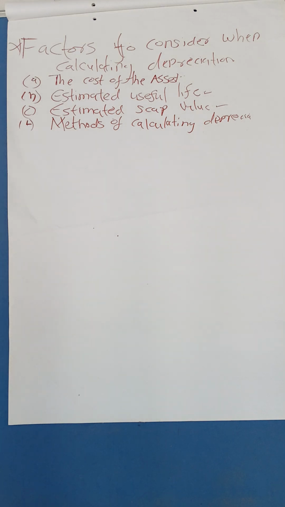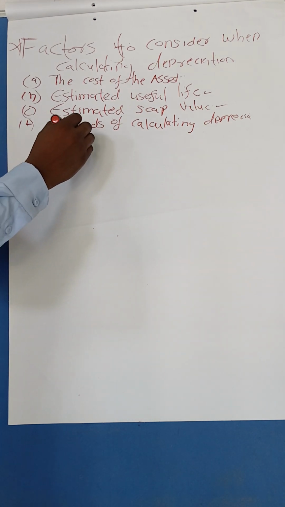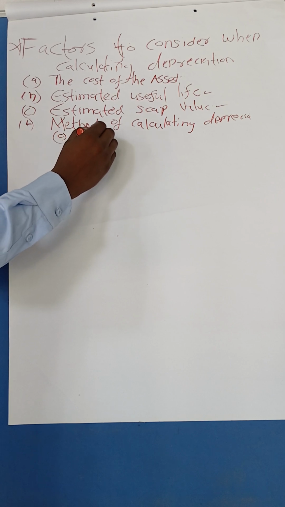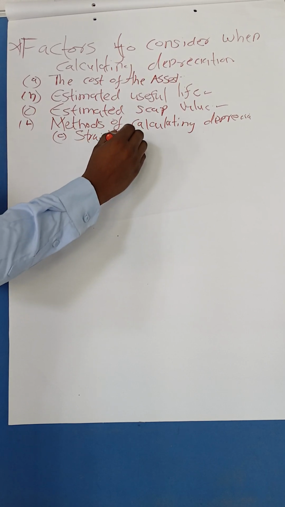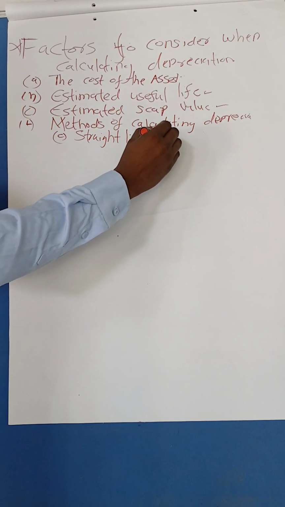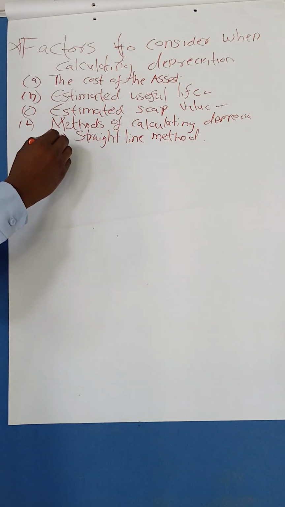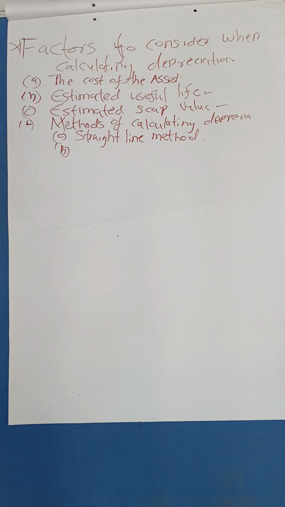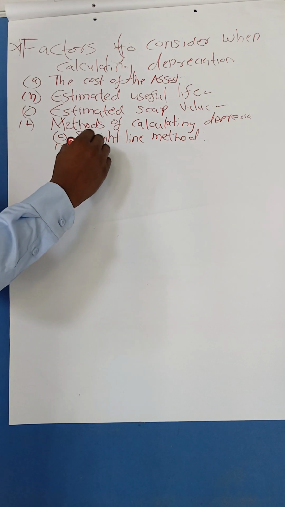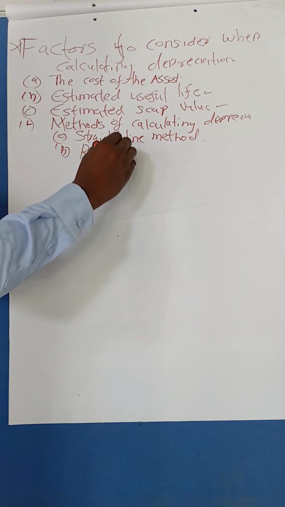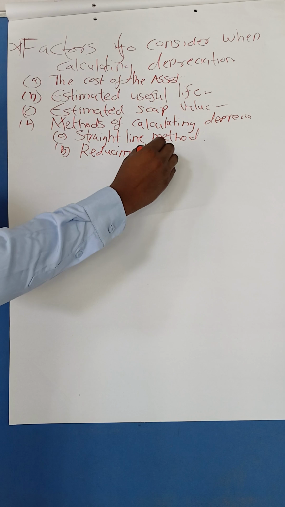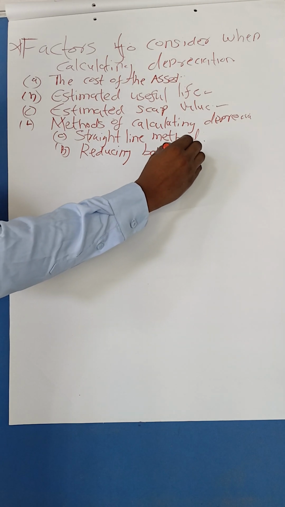One is the straight line method. Two is another method called the reducing balance method.